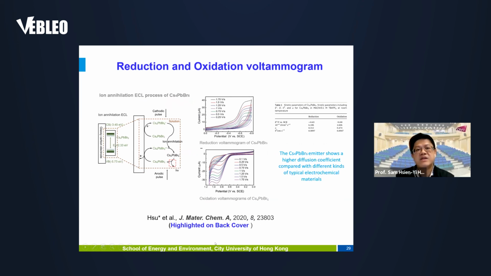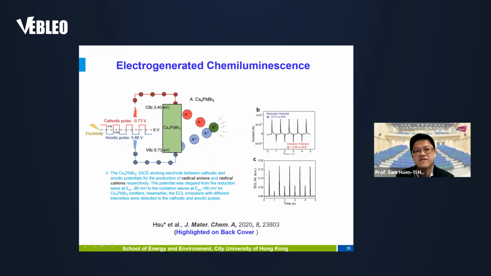Through CV at different scan rates, we confirmed the diffusion coefficient and rate constant at the solid-liquid interface show better and more efficient performance. Finally, we got efficient ECL emission from this low-dimensional hybrid perovskite, based on its electrochemiluminescent property.